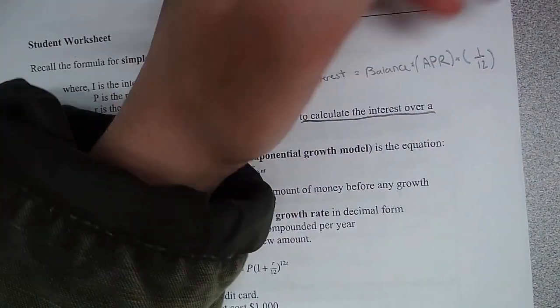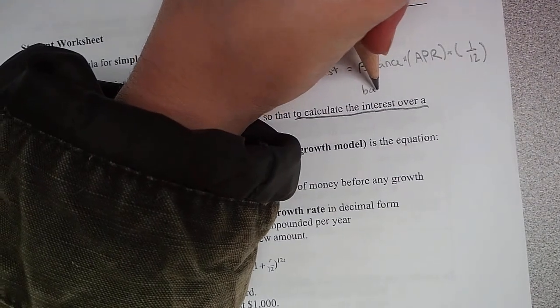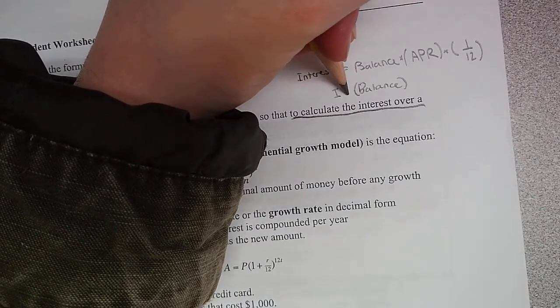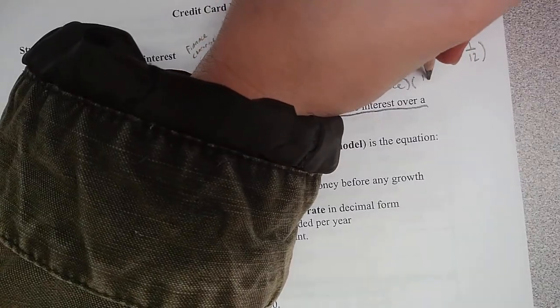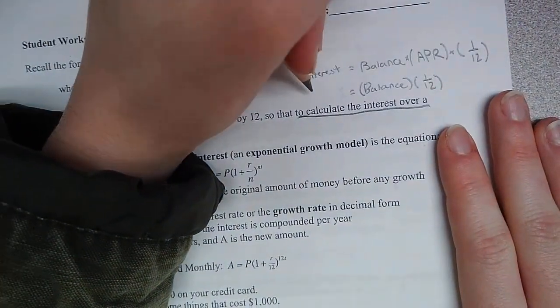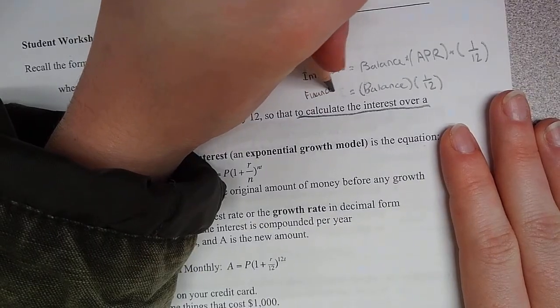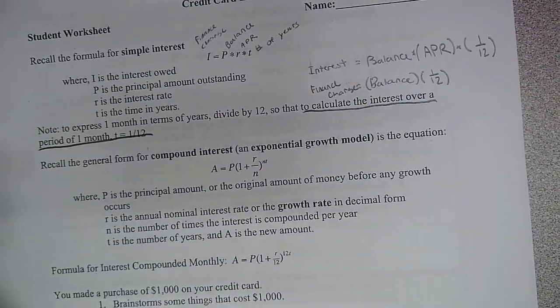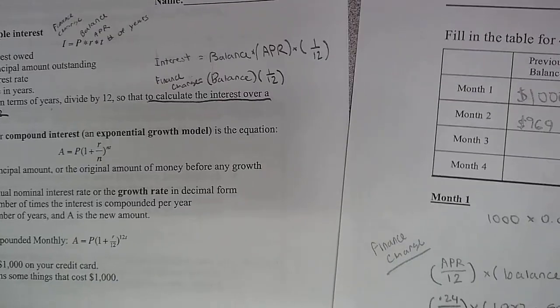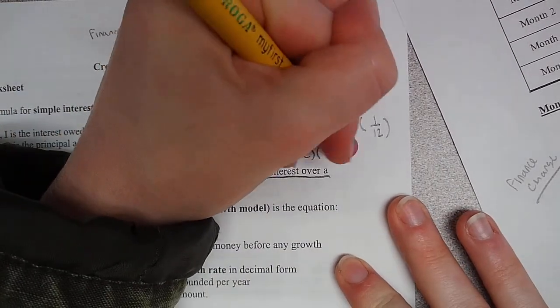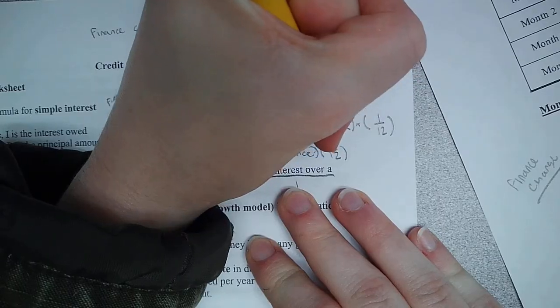And if you wanted to squish these together, it would be the same thing as balance times APR over 12. And if we decided to write finance charge here, again, not the most accurate, but it doesn't really matter right now. Look at that. See? Finance charge equals balance times APR over 12. Sorry, my bad, this should be APR. APR over 12. There we go.